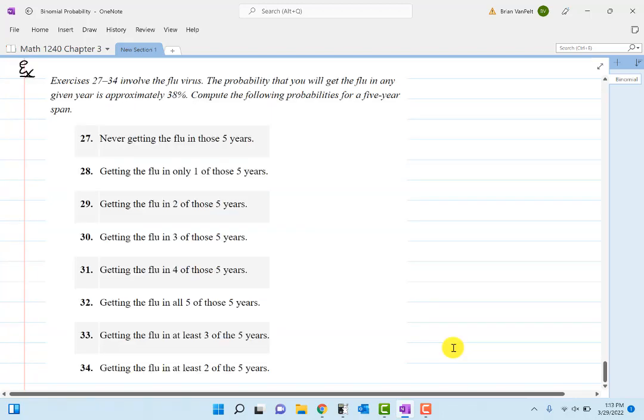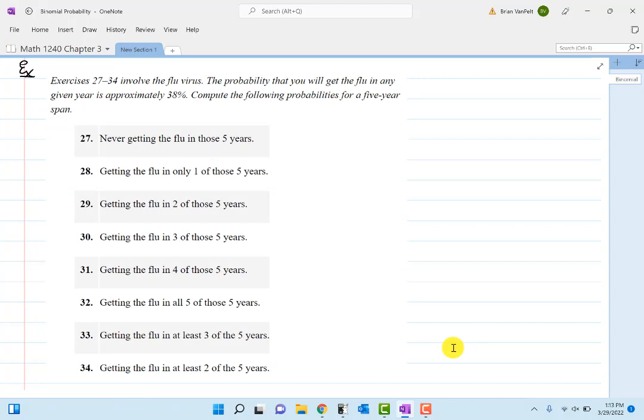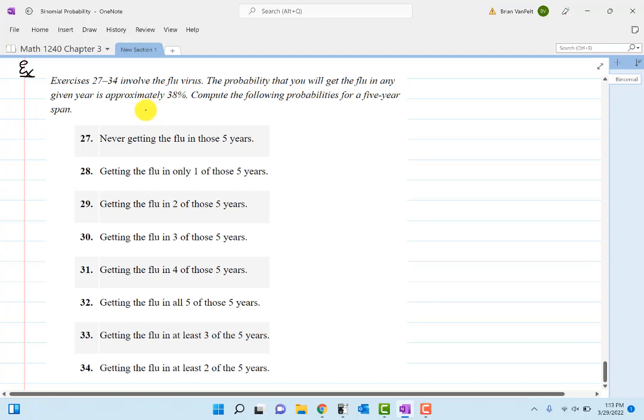Alright, a similar problem as the one I have before. The probability of getting the flu in any given year is 38%. So my probability of success, if you will, that is getting the flu, is lowercase p equals 0.38. Now, we're considering a 5-year span. So that 5-year means that n is equal to 5.